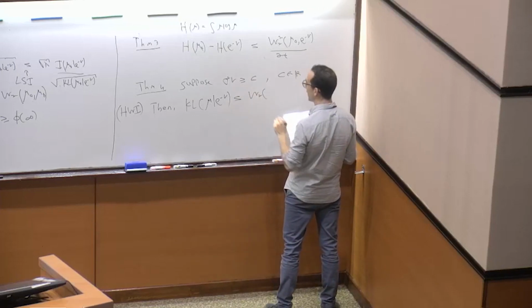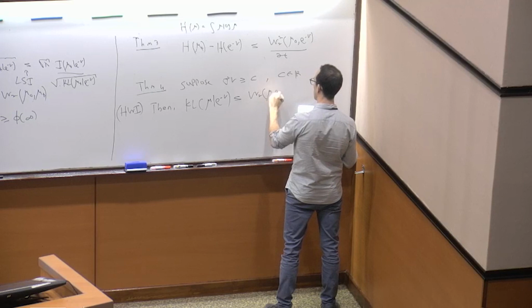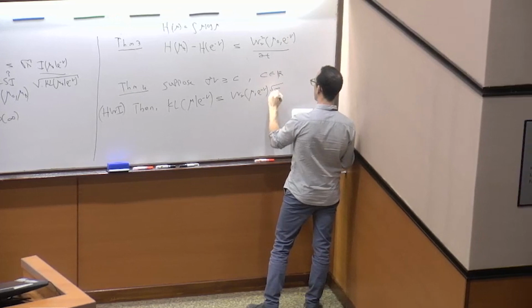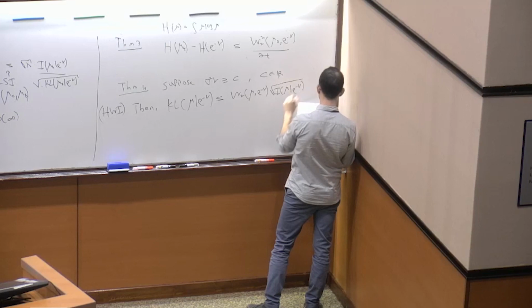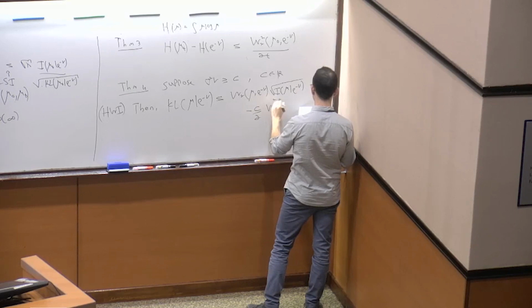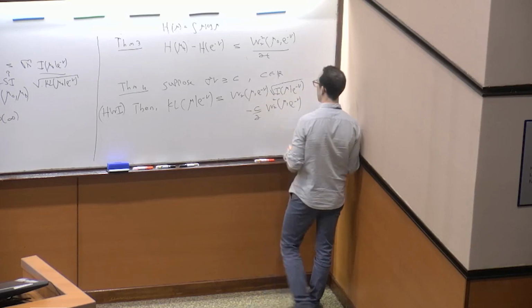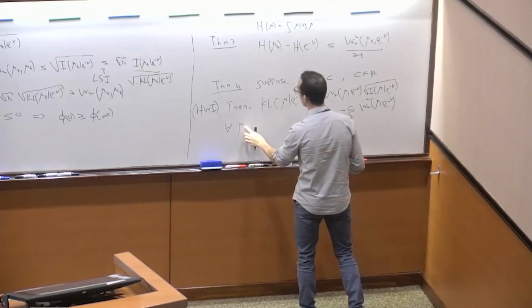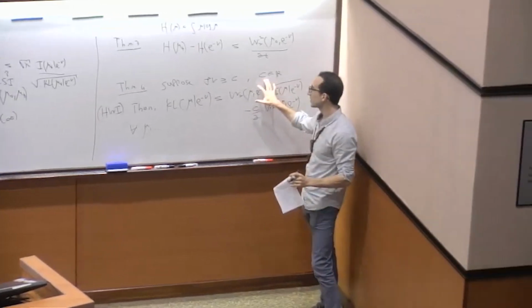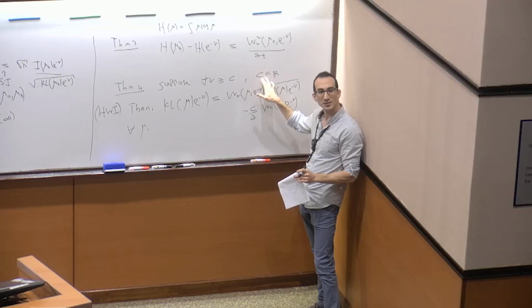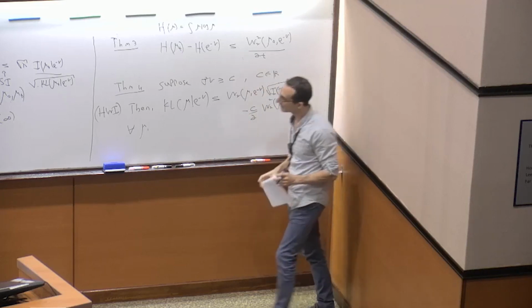So we can upper bound the KL. We have a term here, which is W2 between mu and e^{-V}. Here we have a square root of the Fisher information. Here we subtract C over 2 times W2 squared of mu and e^{-V}. And this is for all mu. Maybe as a good exercise, think about the case when C is positive, and also the case when C is equal to 0, and just stare at the inequalities for a little bit.